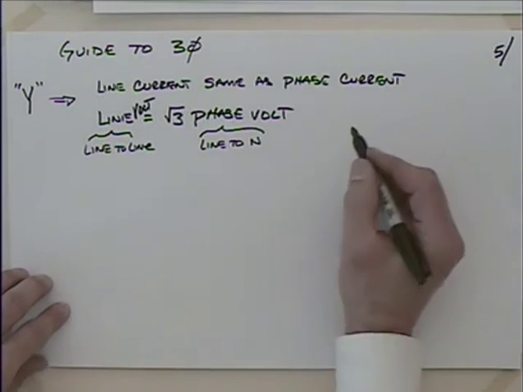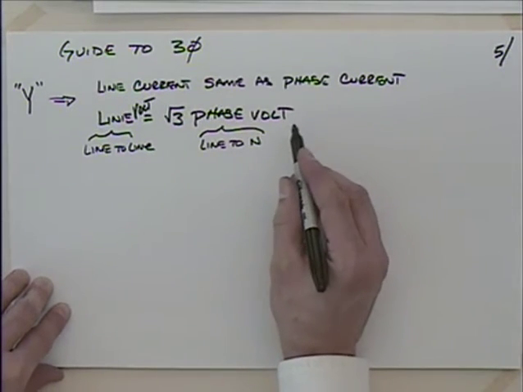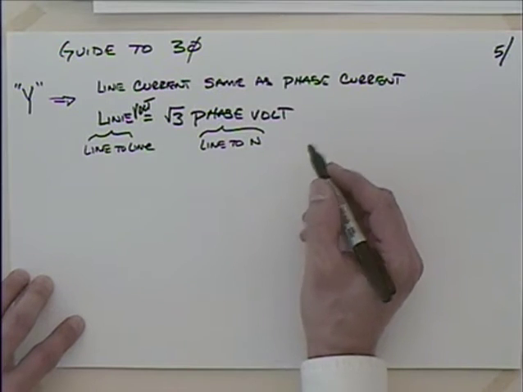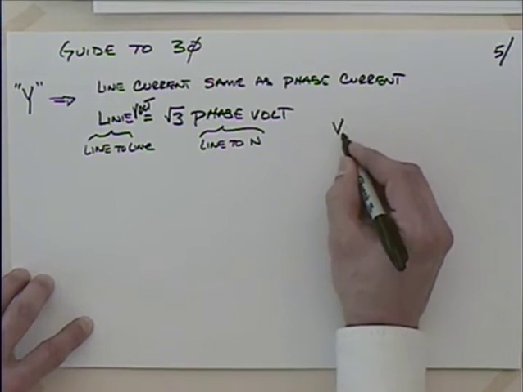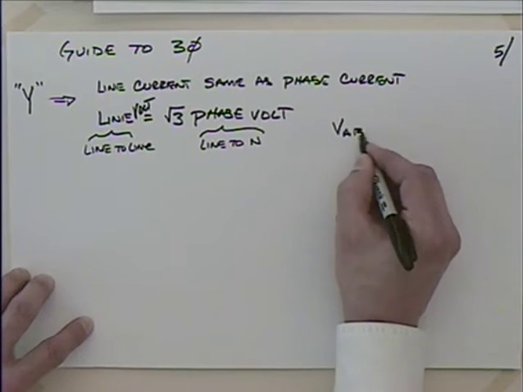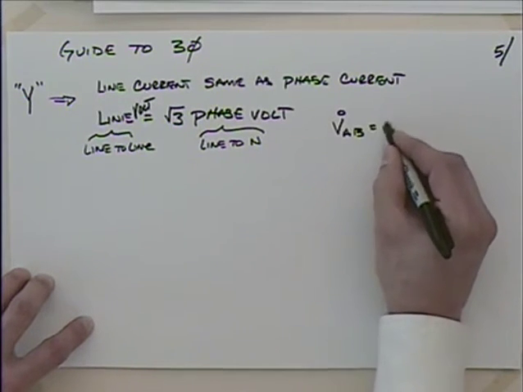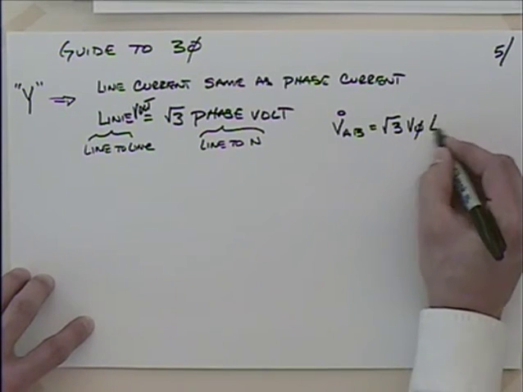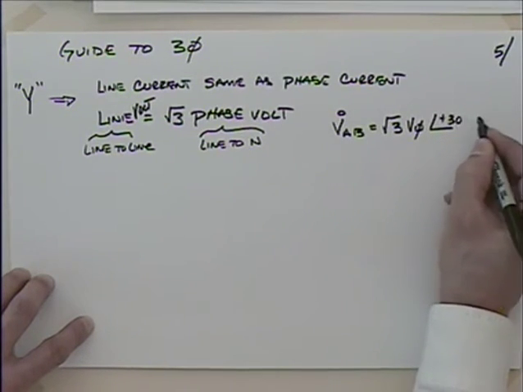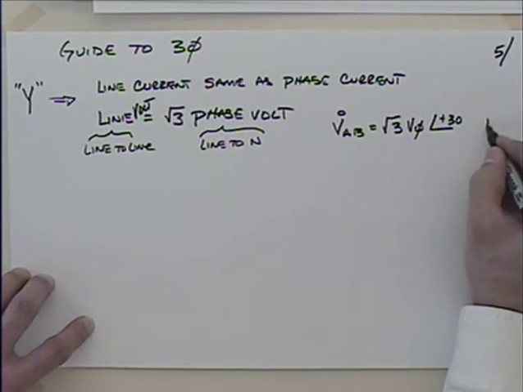Now, what do I do if it is positive phase sequence or negative phase sequence? The best way that I can summarize this is just with an example. So let me say VAB is equal to the square root of 3 times V phi at plus 30, and that's a positive ABC.